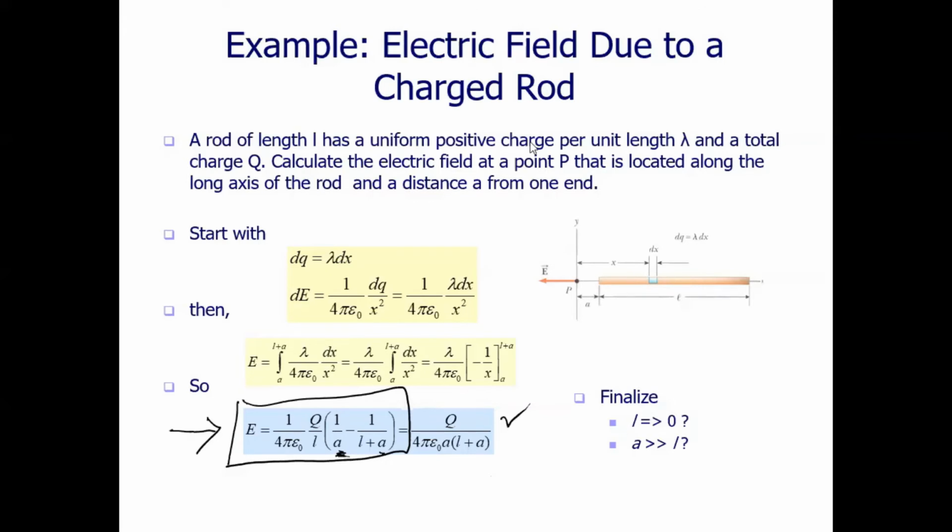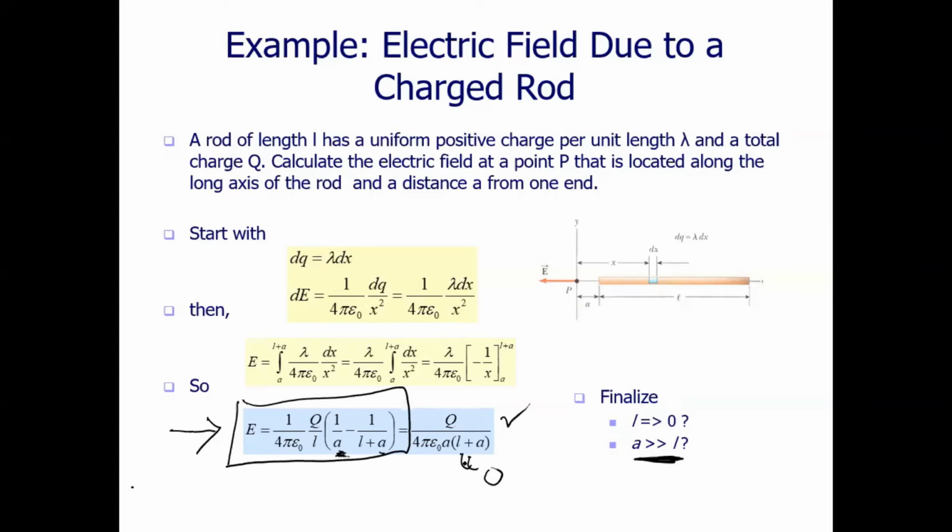So let us try that together. If A is much greater than L, it means that this L is almost equal to 0. It is like adding a very big number, like 1 million, and then you add 1. Whatever answer you find will be almost the same as 1 million.